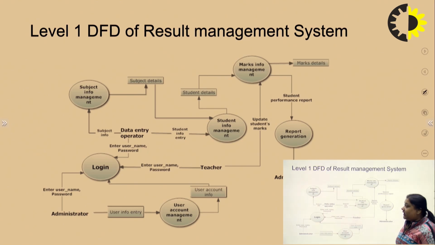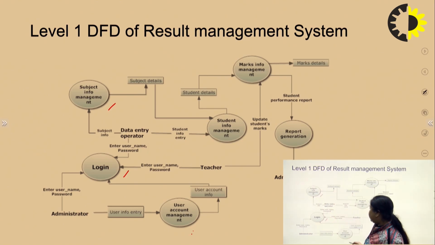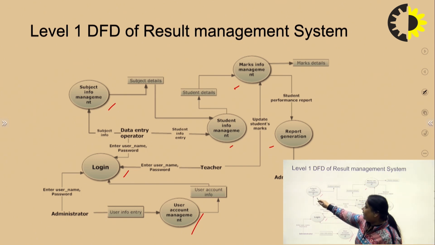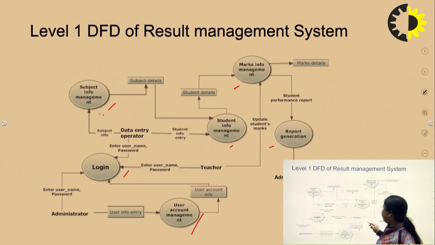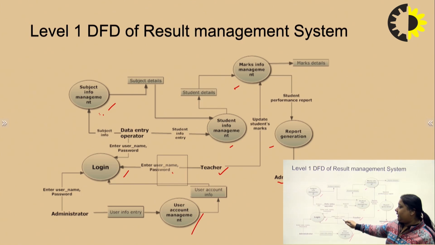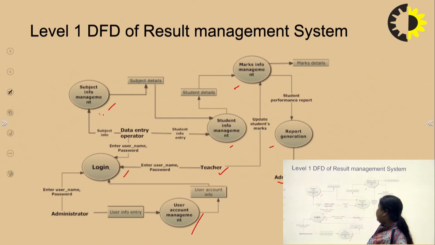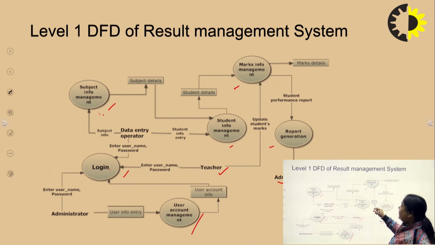As we can see, we have multiple bubbles; these are the actors and this is the functionality: teacher, administrator. A teacher can enter username and password, then he can log into the system. And what can the administrator do? The administrator can see report generation, student performance report, and student information.